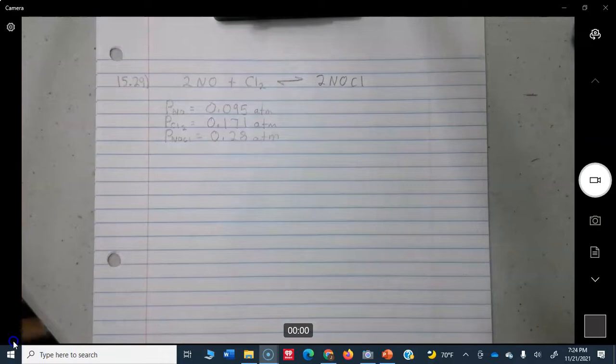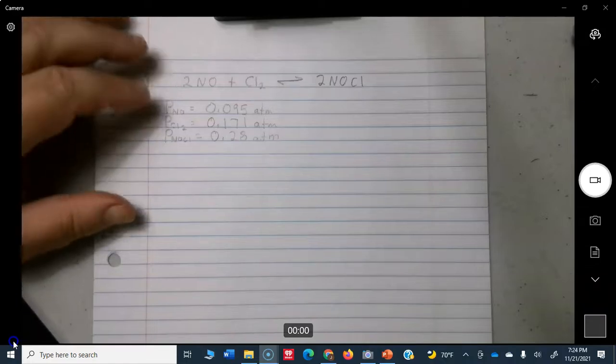Okay, it says an equilibrium mixture, so they're already at equilibrium. You don't need to use a rice table here, because you use a rice table to figure out what the equilibrium values are. We already know the equilibrium values, so they made this question a little bit easier. So now all you have to do is write the law of mass action and plug the numbers into that. So let's go ahead and do that.